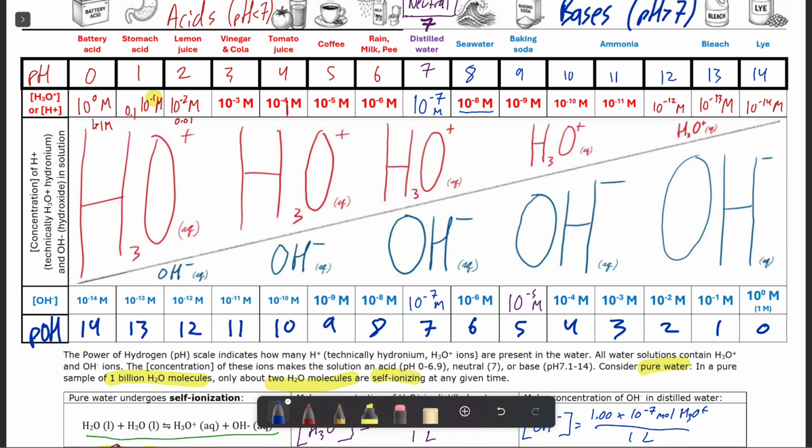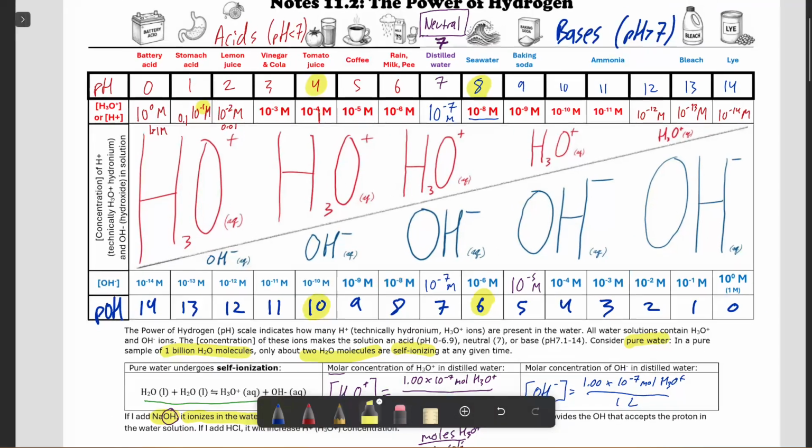Okay, so you'll notice how we can easily add up the numbers. If my pH is 4, I know that 14 is what they should add up to, so I know that pOH is going to be 10. Or if I know that my pH is 8, well, 14 minus 8 is 6, so my pOH is going to be 6. So they all are going to add up to 14 on either side. And that's what's happening here, okay?